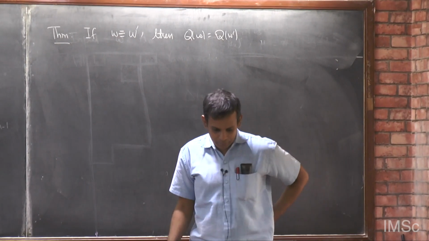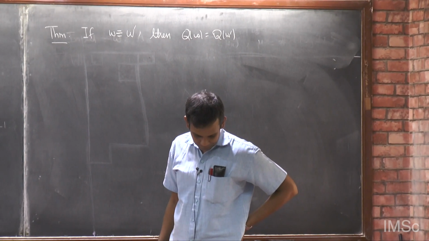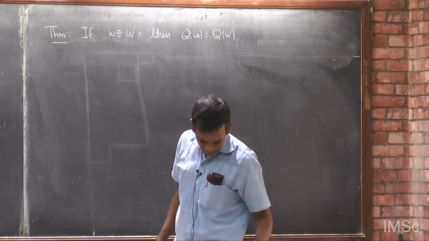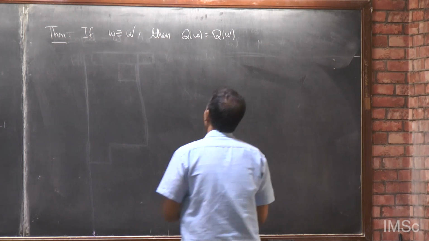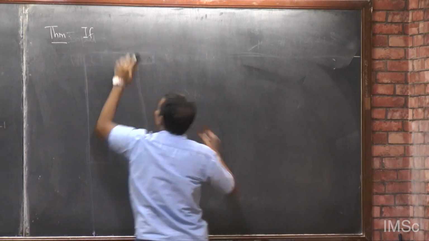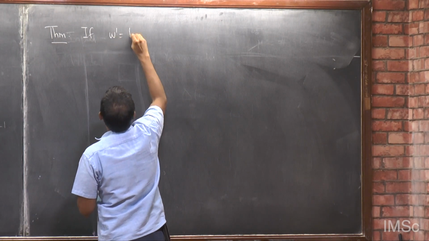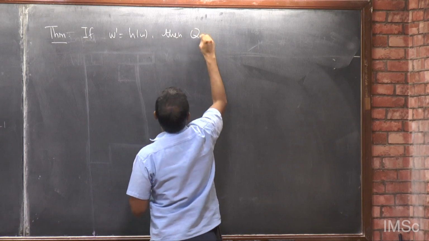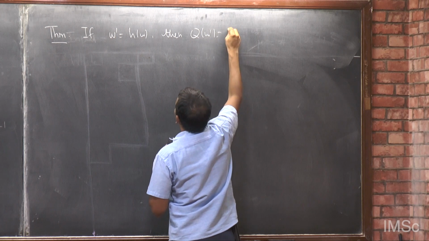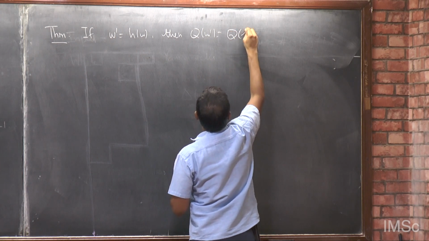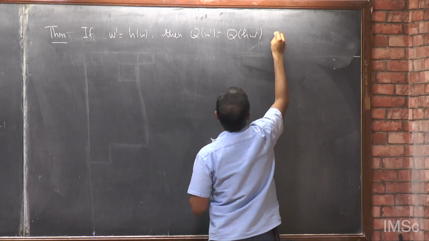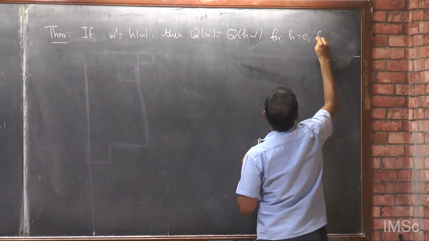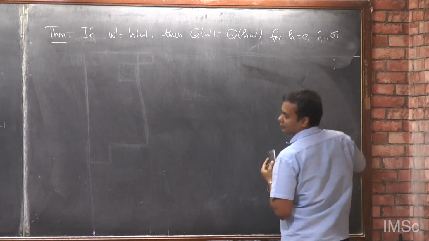And if W prime is equal to HW, then Q of W prime is Q of HW, for H equals e_i, f_i or sigma_i.